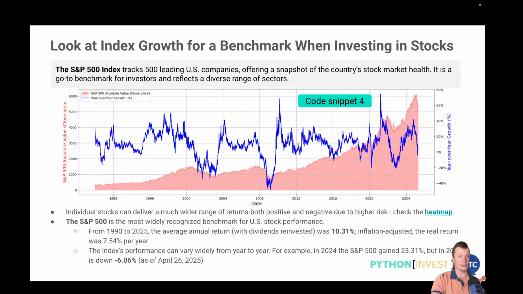Now, if you start investing in stocks, and if you're in the US, first you want to look at some broad market index, the S&P 500, for example. This index returned on average 10% during the last 35 years.